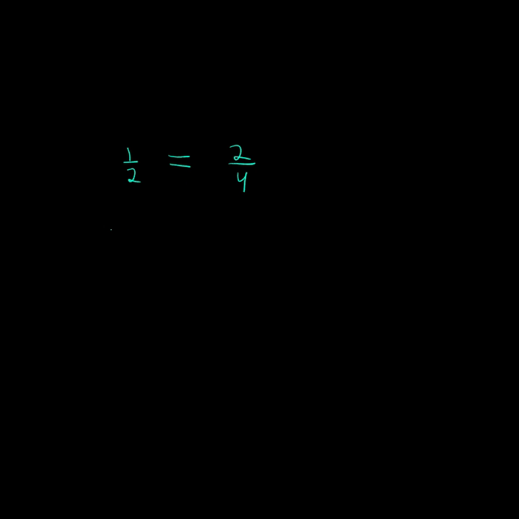I think it might be helpful to write this as 1 to 2 and 2 to 4. We have different terms for the outside values in this proportion. These are our extremes. And these inside values are called our means.